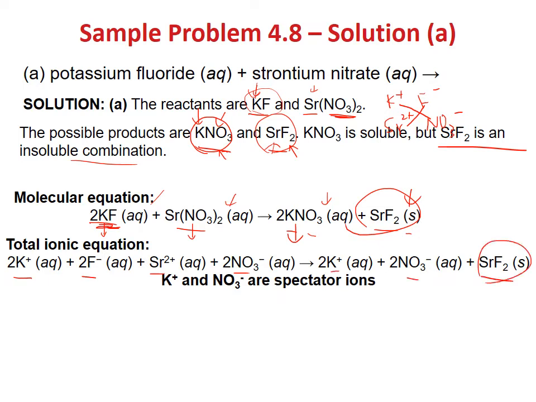It's a solid. Okay, so that's the total ionic equation, and you can see potassium doesn't change, so that's a spectator ion, and nitrate ions are spectator ions. So the only thing left is fluoride and strontium, giving you strontium fluoride, and that would be the net ionic equation.